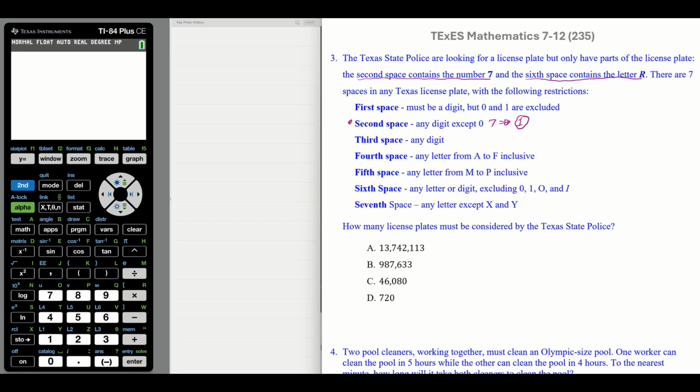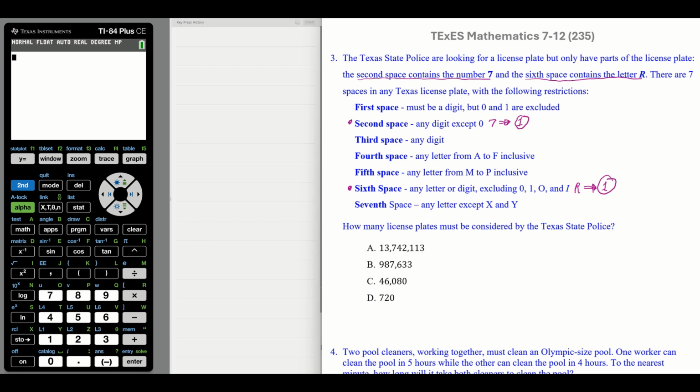Now let's go to the sixth space in the license plate. That has to have an R, so this implies that we only have one option for that one. Now, let's look at how many options we have for the other spaces that are left. Because what are we trying to do here?